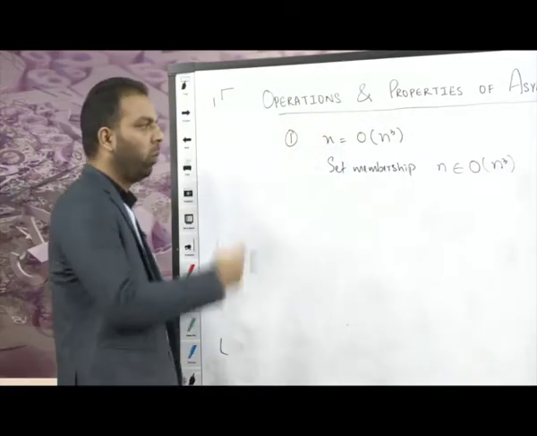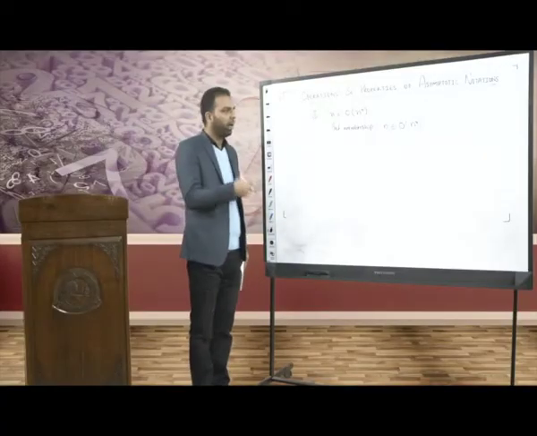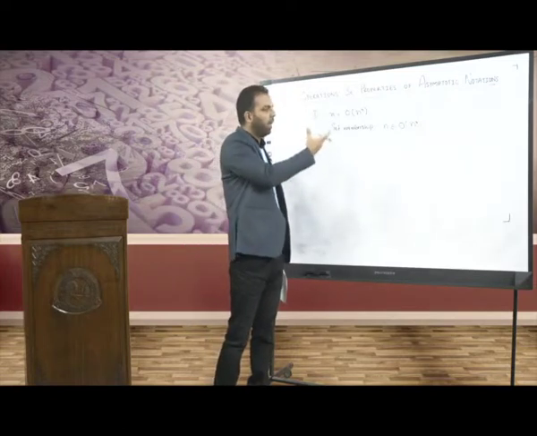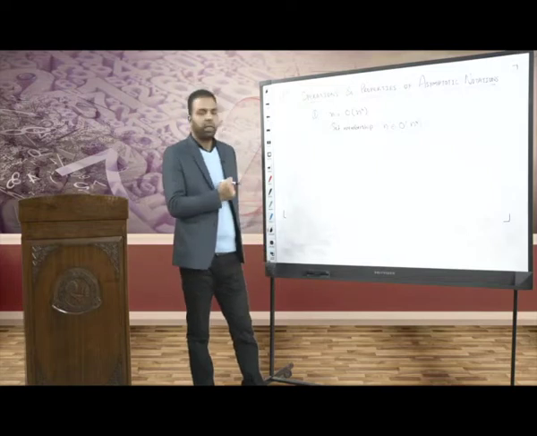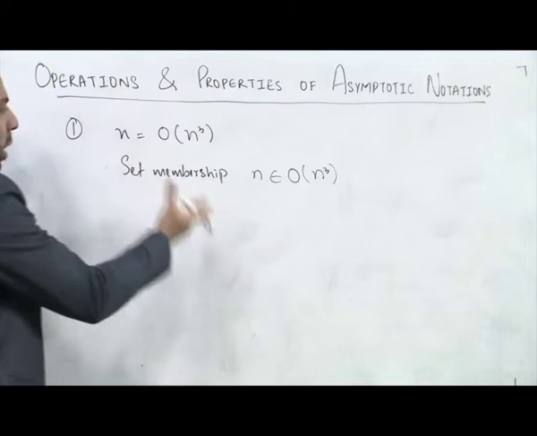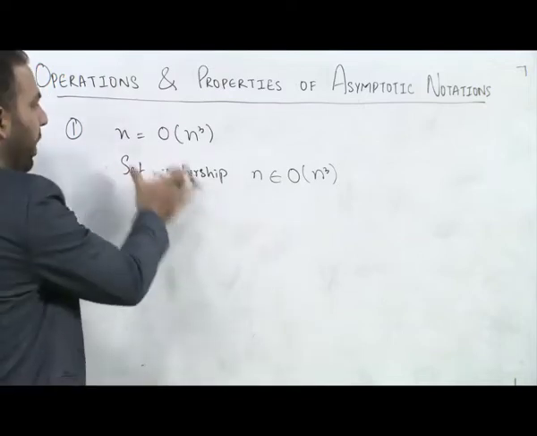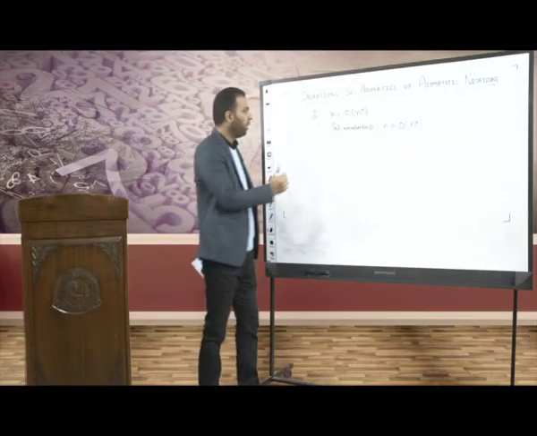And you know what order of n cube means: there will be some constant c multiplied by n cube that will be greater than n for all n greater than n0. So whenever your asymptotic notation exists on the right hand side of the equation, it simply means set membership, meaning this belongs to the functions of order n cube, okay?